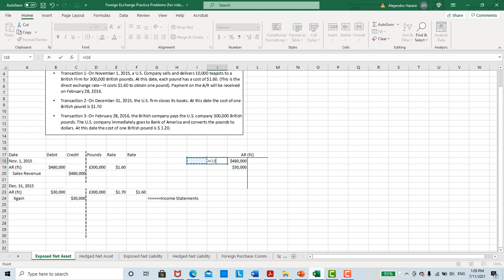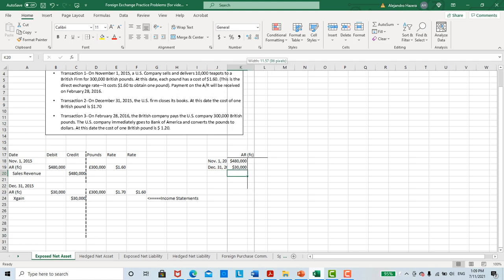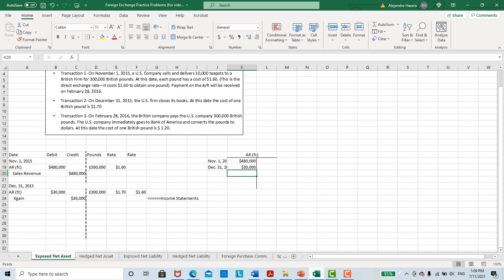The first entry was on November 1st, and the second entry was on December 31st. So our balance going into the final settlement is $510,000.